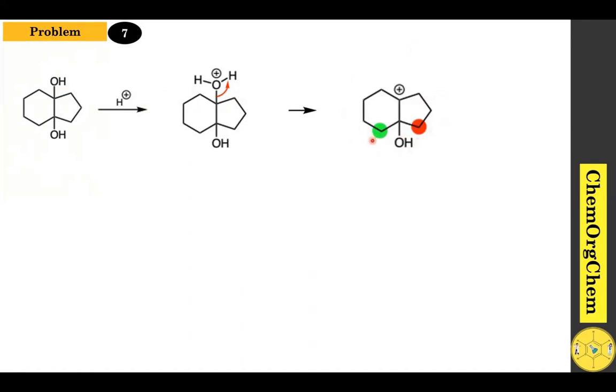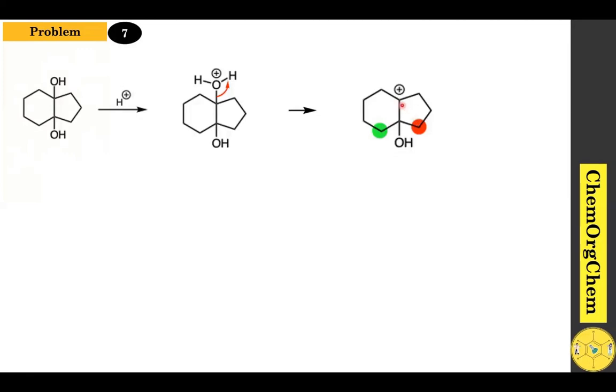Now here there are two centers I circled in green as well as red color. So here there are two possibilities. Either this green carbon may migrate, or that red circled carbon may migrate. When you migrate this green carbon, you will get a ring contracted 5-membered ring system. But when you migrate this red circled carbon, you will get a 4-membered ring contracted system.